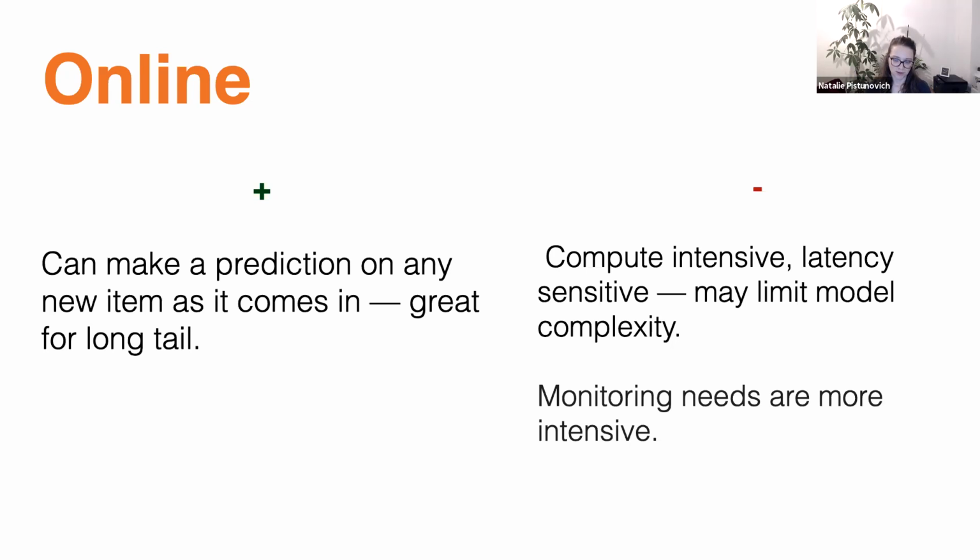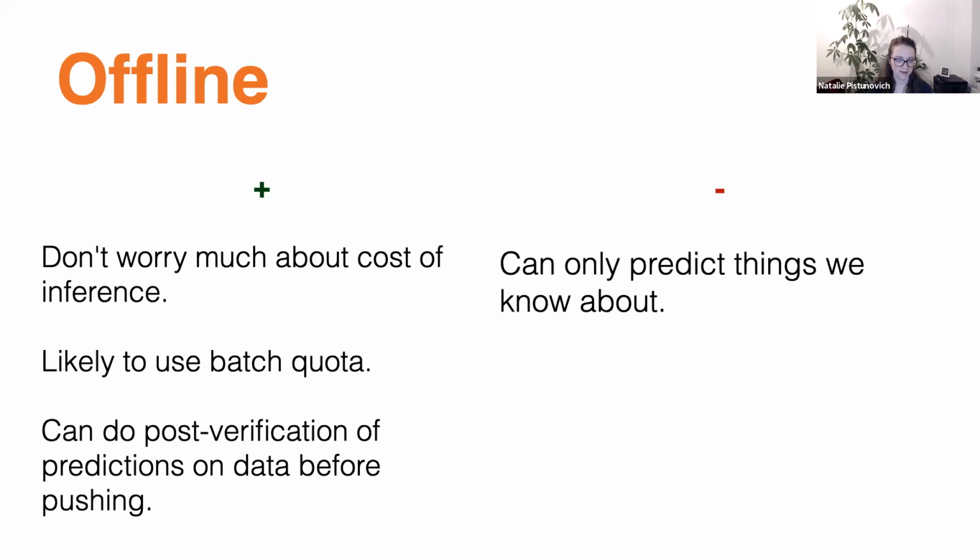But the biggest con of this is, of course, that this is resource intense. So you have to make sure you limit that and that you monitor that the resources are being consumed in a reasonable way and that the results are making sense always. On the other hand, there is the offline serving.